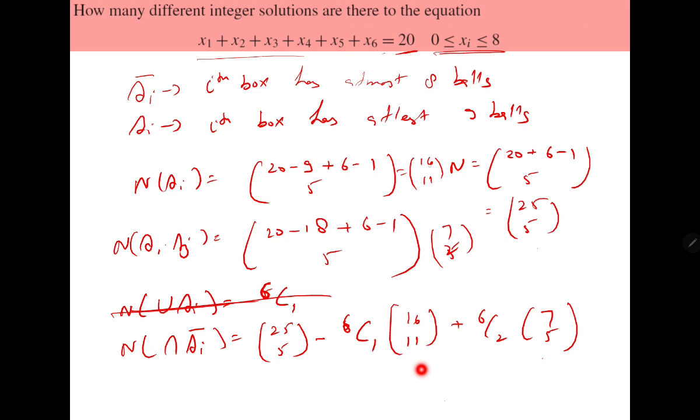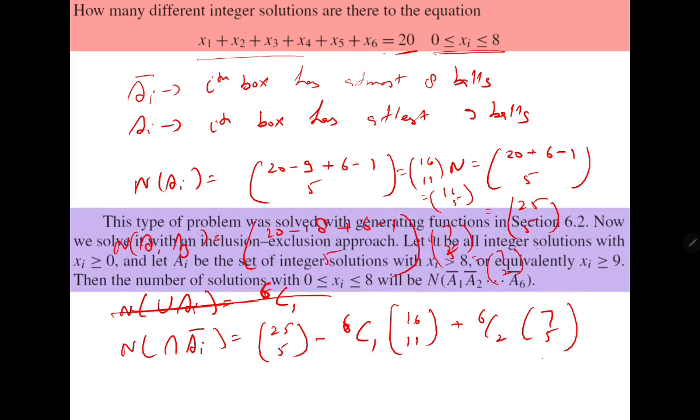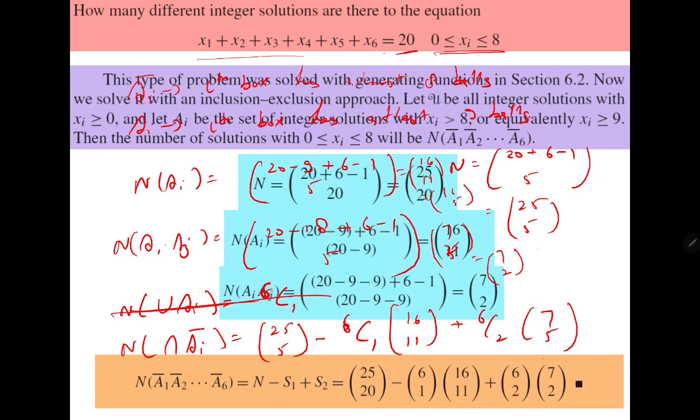Yes, so either you write 16C11 or 16C5, both are same. You write 7C5 or 7C2, both are same.